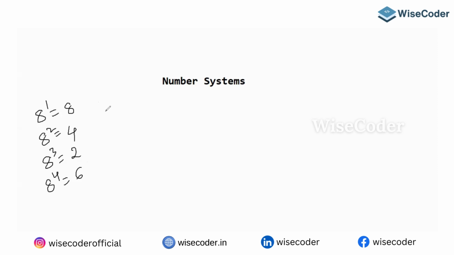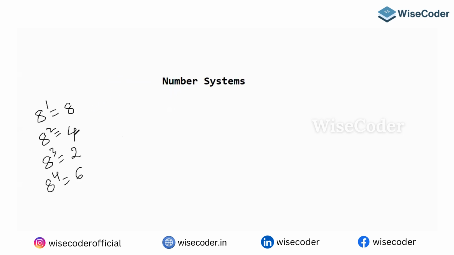If you write the next one also, 6 into 8, 6 eights are 48. Again, 8 you will get, next 4, next 2, then 6. All are unit digits. So the point is this.